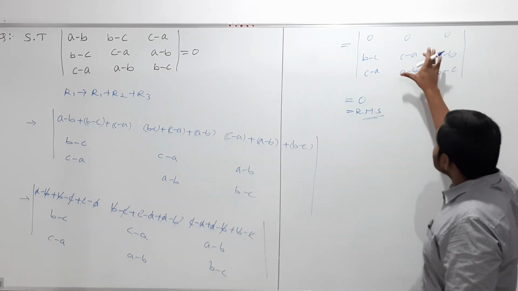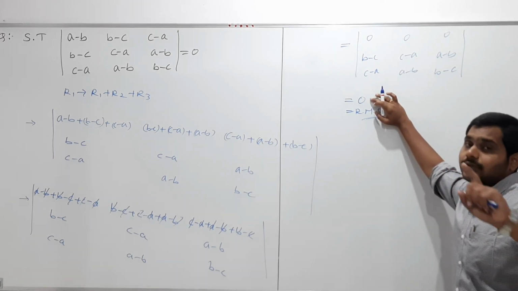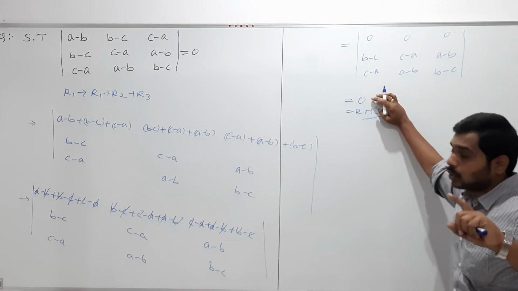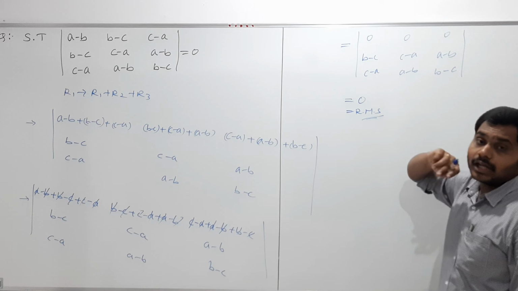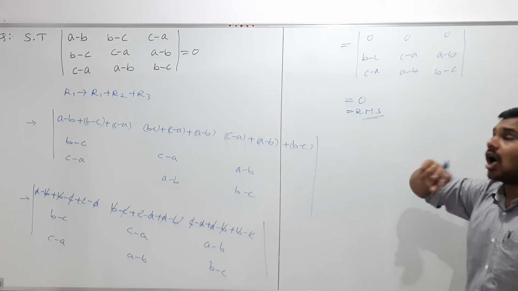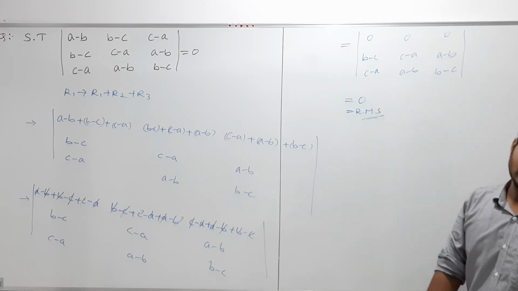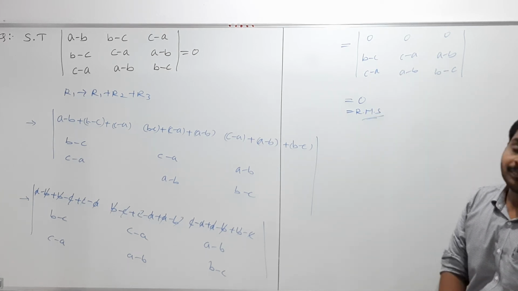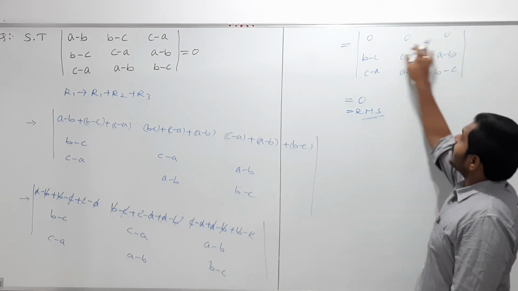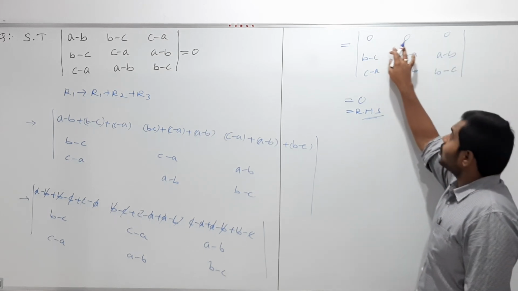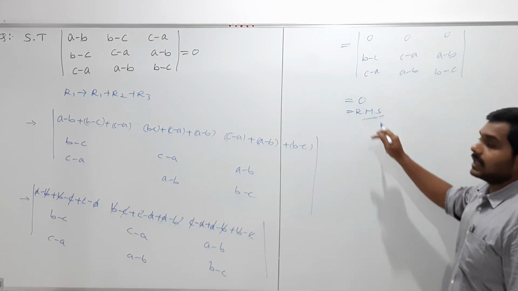And now this determinant value is equals to 0 because, again I told you one note: whenever in the determinant, if any row or any column has all elements 0, then that determinant is equals to 0. This is the one property we have. Either you can use that property, or if you expand along row 1, all elements are 0, and anything times 0 is 0, so therefore here it is 0.